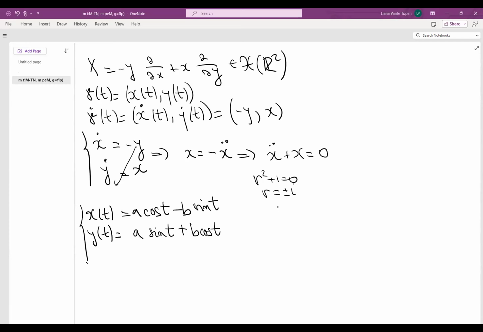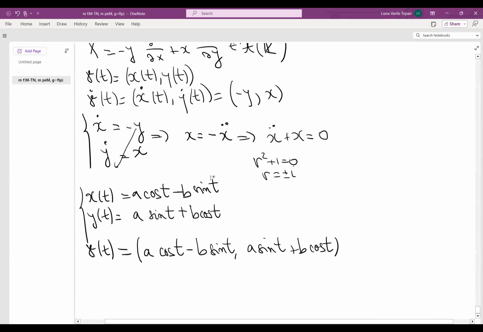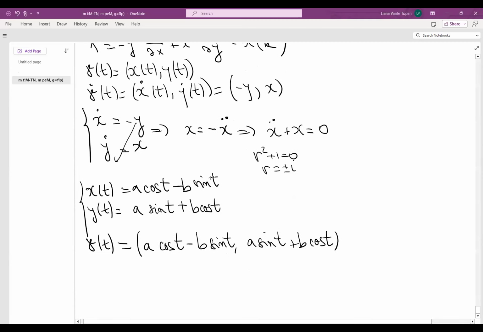So your gamma of t, the integral curve, will be (a cosine t minus b sine t, a sine t plus b cosine t). If you think of these equations, this is a circle which goes counterclockwise.